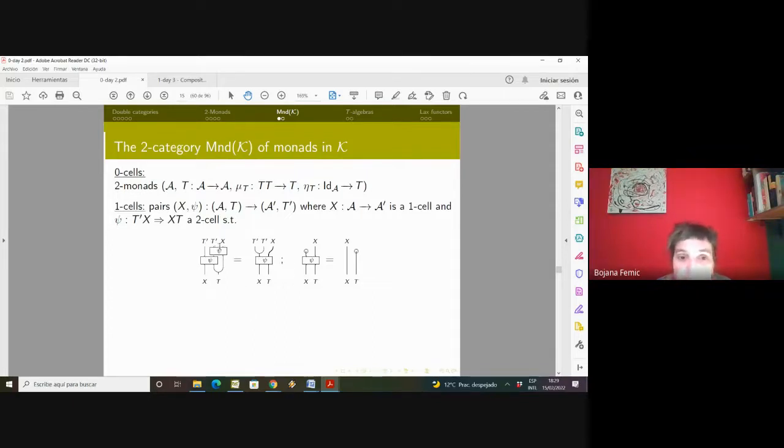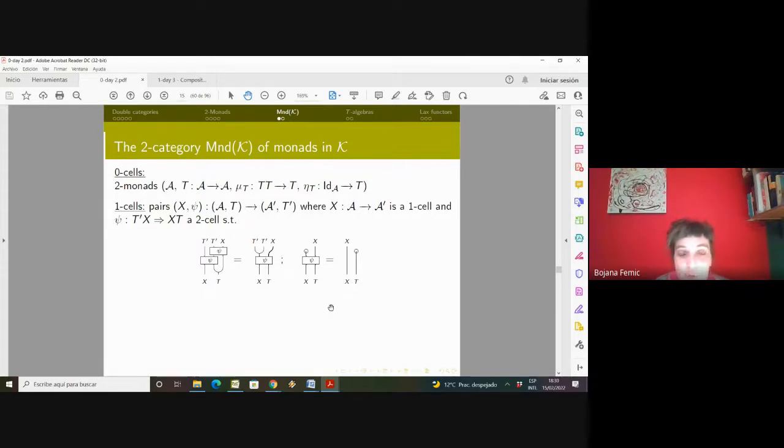So from T prime X, firstly psi is acting here on the right, then again psi here, and then multiply here, it is equal to this. So this is kind of some naturality. If you go to the example of when K is induced by the monoidal category, you can take for psi to be just the braiding, and then this is nothing but the naturality of the braiding with respect to the multiplication, and the other axiom is the neutrality with respect to the unit.